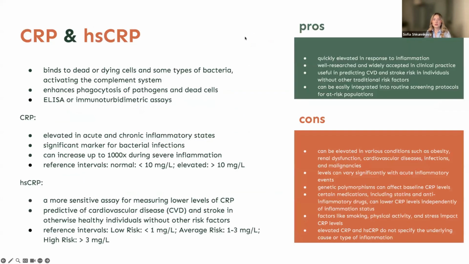So I think the most interesting biomarker out of all of these in terms of acute reaction proteins are CRP and HS-CRP, or high sensitivity CRP. They are indeed the very same protein, the very same molecule. The only difference is the assay used to measure them. So the high sensitivity CRP, as you can gather from the name, it can pick up lower concentrations of CRP.